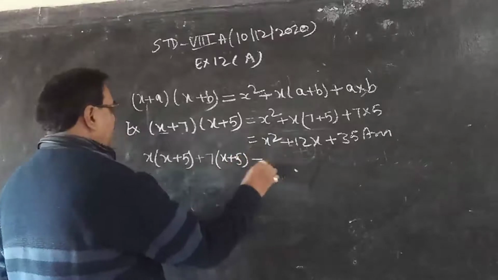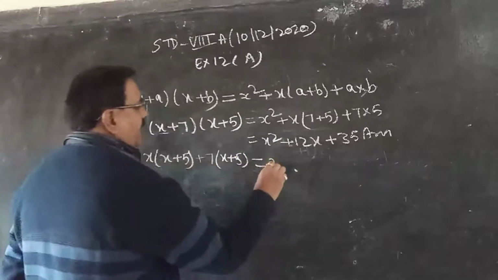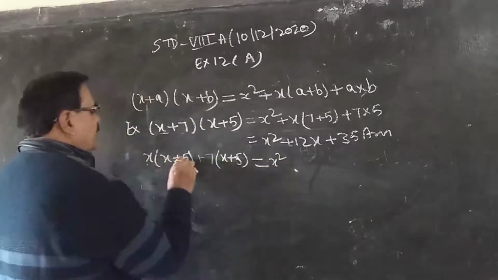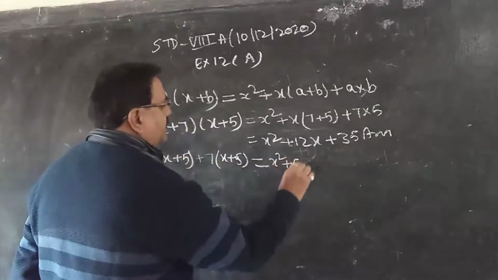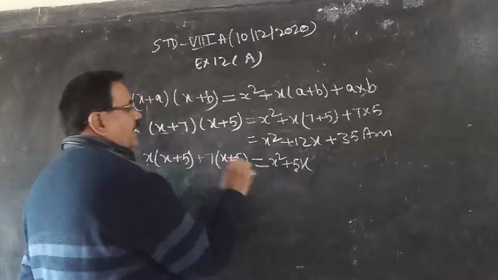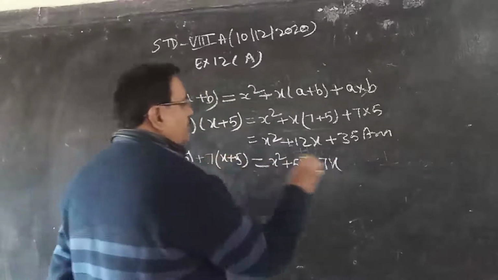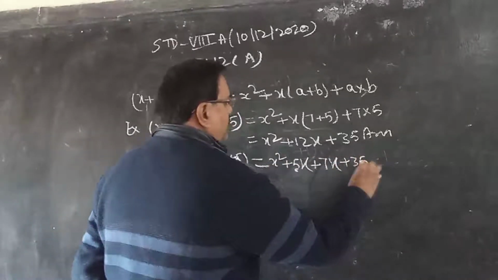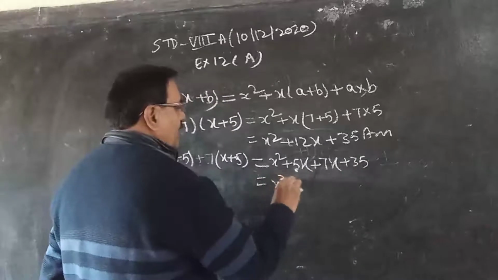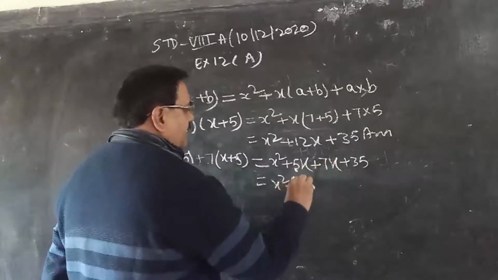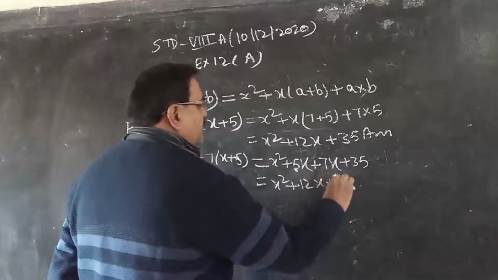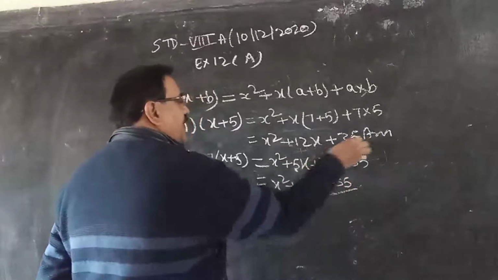Then x times x is x², x times 5 is 5x. Now 7 into x is 7x, 7 into 5 is 35. Now this is x², 5x plus 7x means 12x, plus 35. This is it. See, the answer is coming the same.